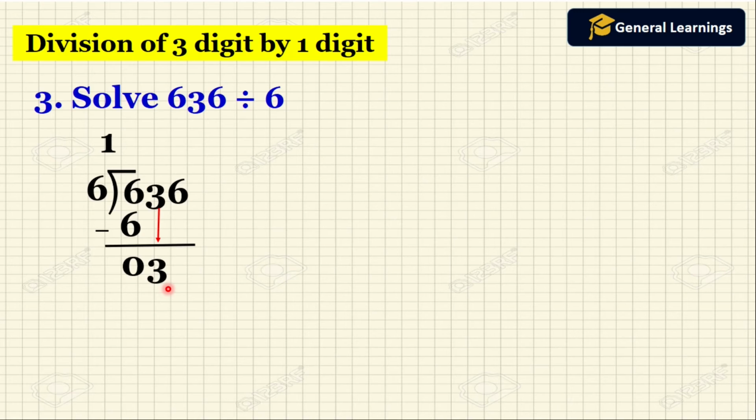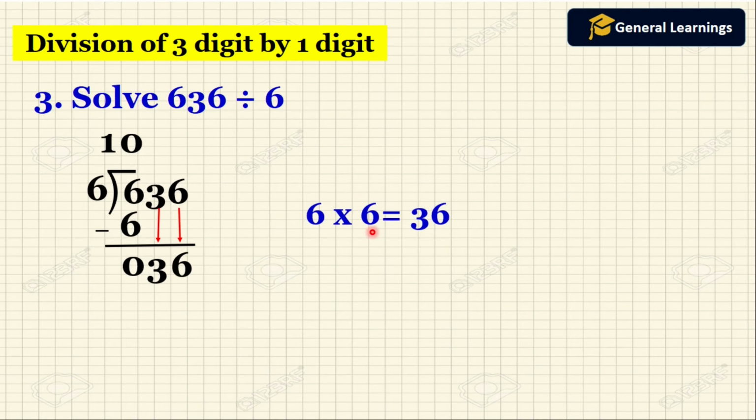Now bring the next number down, which is 3. But here 3 is smaller than the divisor 6. So we need to write 0 in the quotient and then bring down the next digit, which is 6. Now divide 36 by 6. We need to check the table. The table tells us 6 sixes are 36.